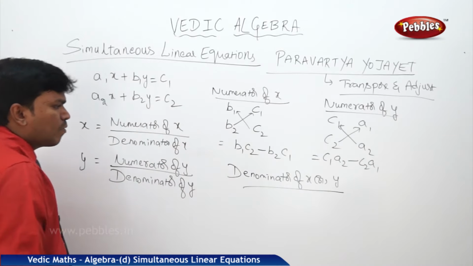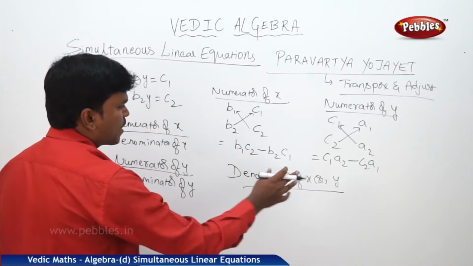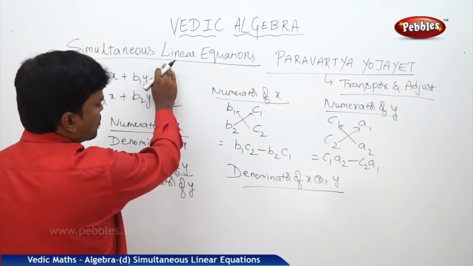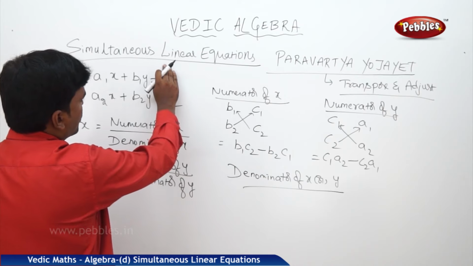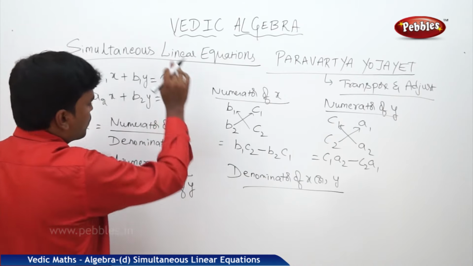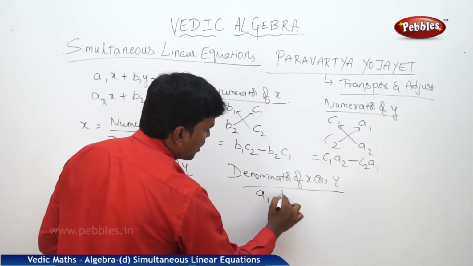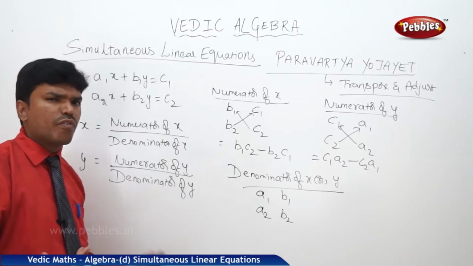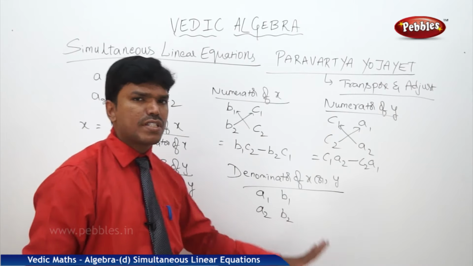Just ignore the constant terms now. What are the remaining? a1 b1 a2 b2. So take down a1 b1 a2 b2 to get the denominator of x or y. Both are the same; either expression will give the same answer.